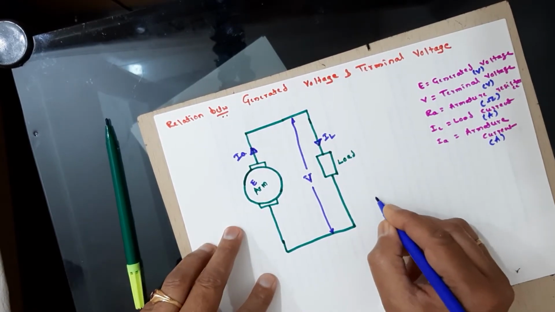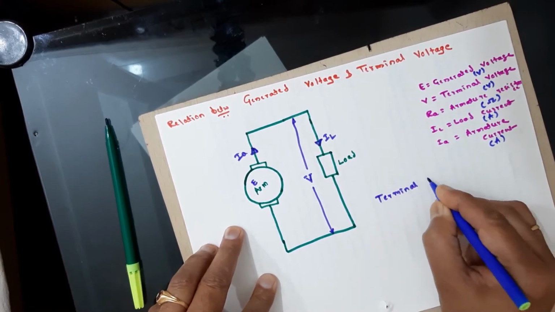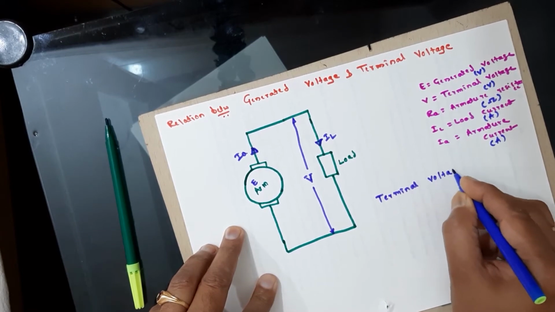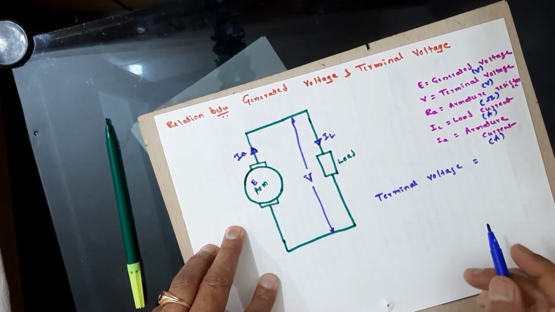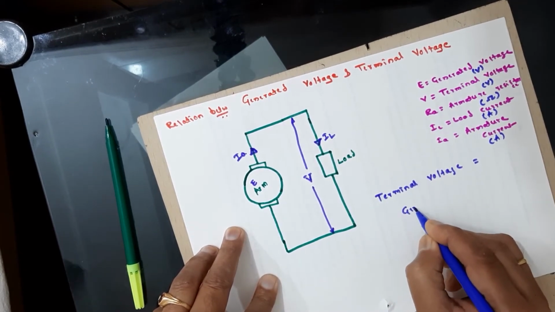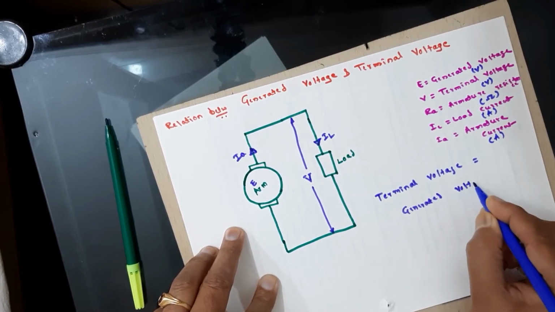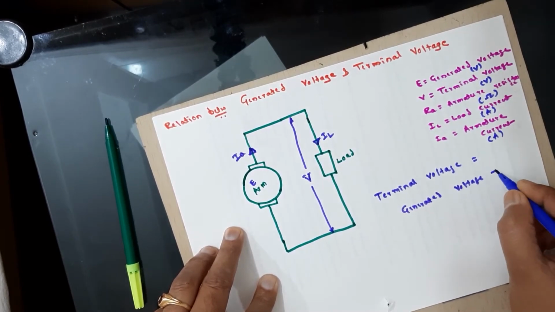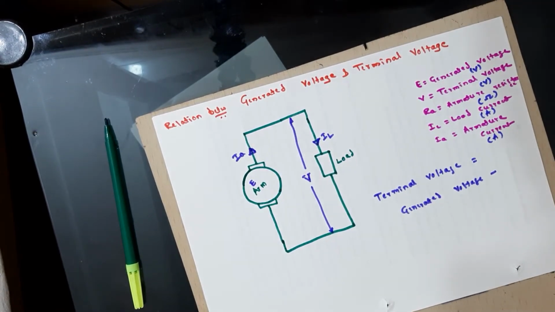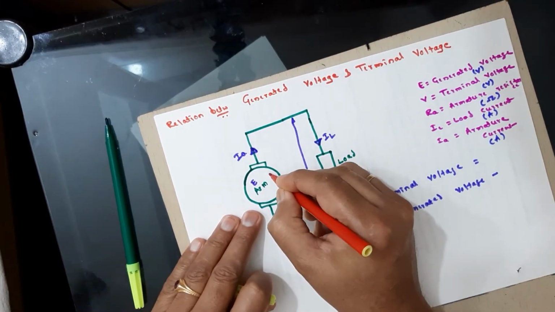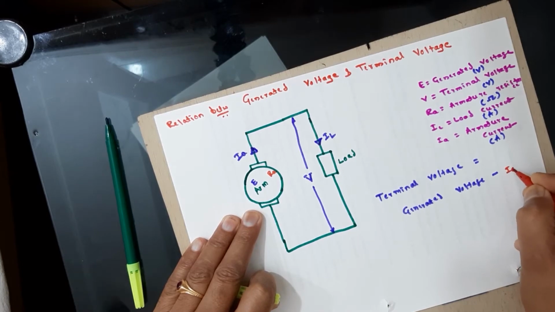Therefore, the terminal voltage is equal to the original generated voltage E minus the drop because of the resistance Ra, that is the Ia Ra drop.